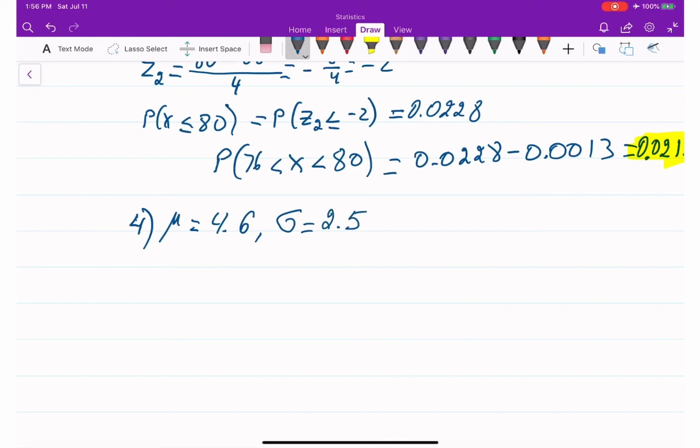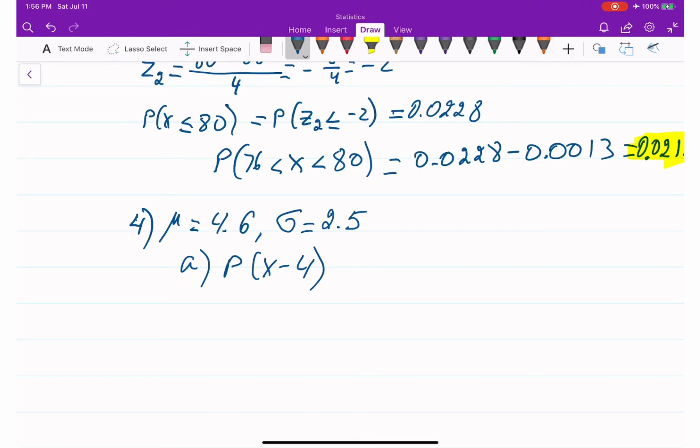Okay, we need to answer the following questions. So first of all, we are answering: what's the probability that a randomly selected study participant's response is less than 4? So we need to find the probability of x less than 4.